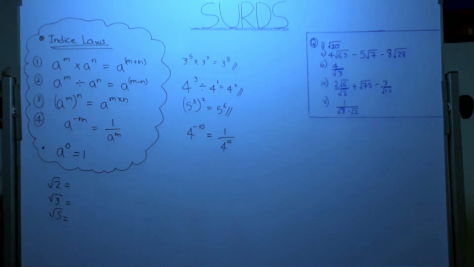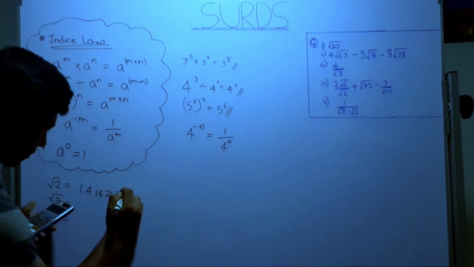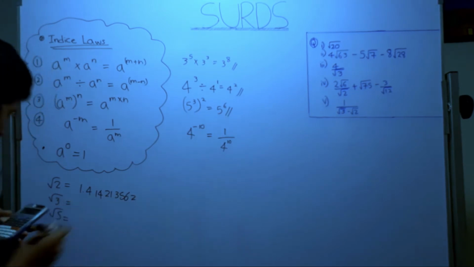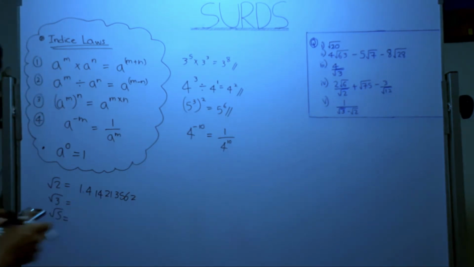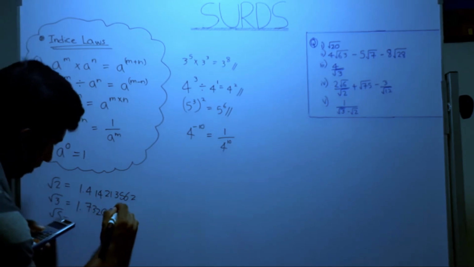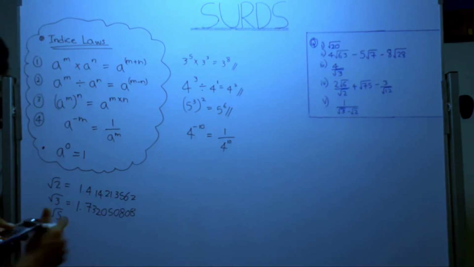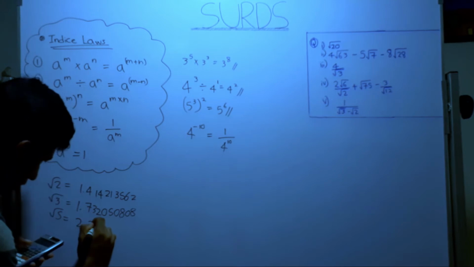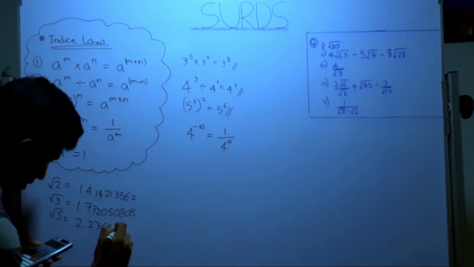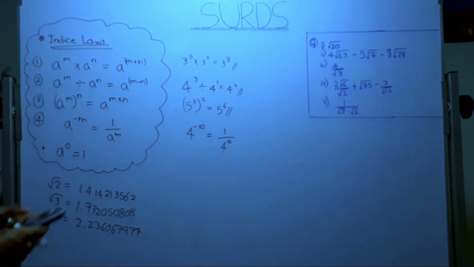If we look at root 2, the entire decimal in a calculator, it's going to be 1.414213562, and root 3 is going to be 1.7320508, and root 5 would be 2.236067977. So if we look at all 3 of these, you might notice something special.